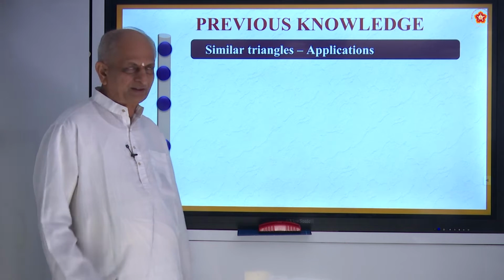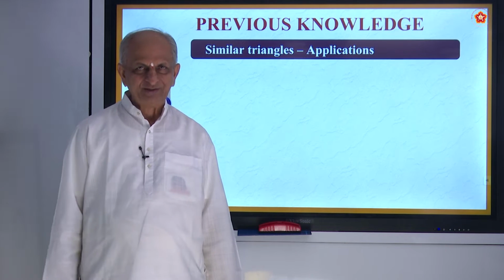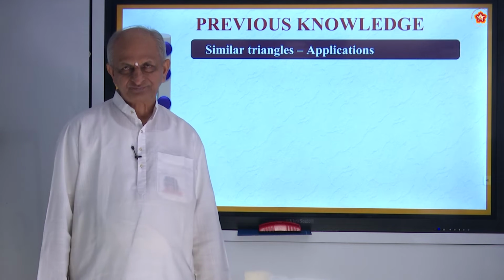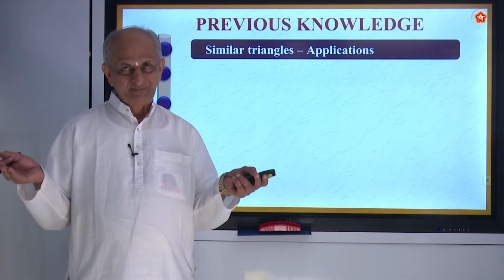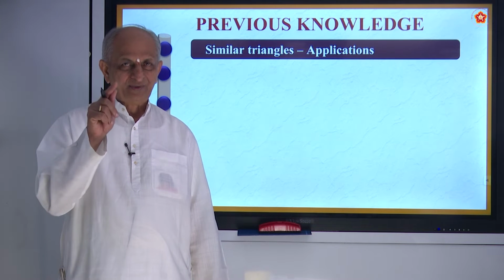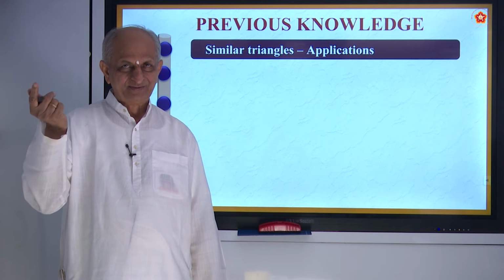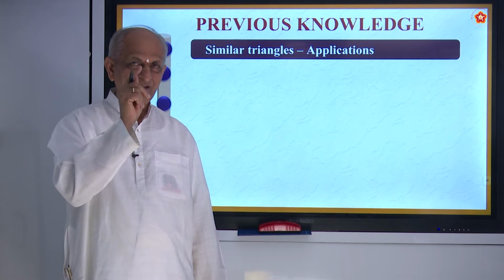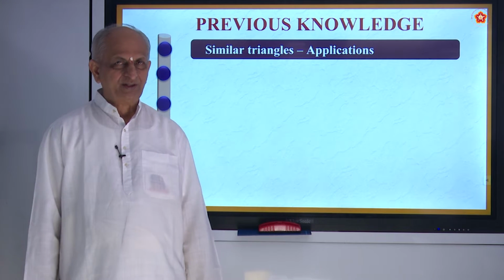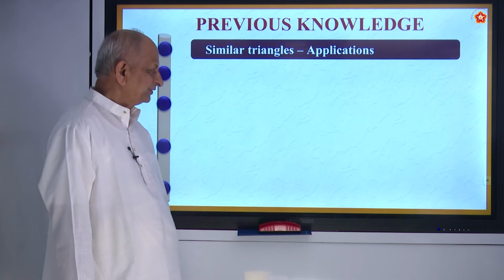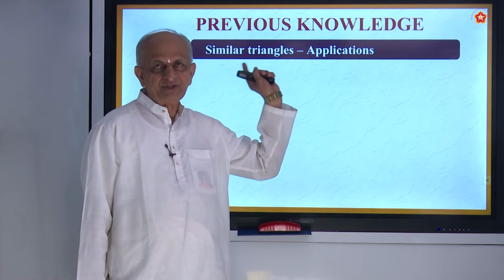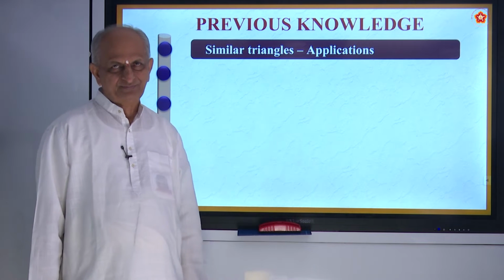We started our discussion on similarity of triangles, similar triangles, and we differentiated between congruent and similar triangles. All congruent triangles are similar triangles, but all similar triangles need not be congruent. Is it not? So that was what we studied. Similar triangles are those which have same shape and size.